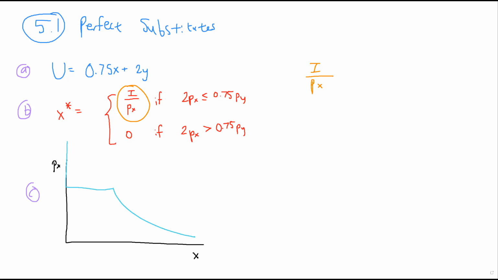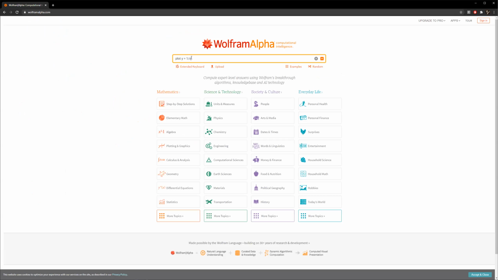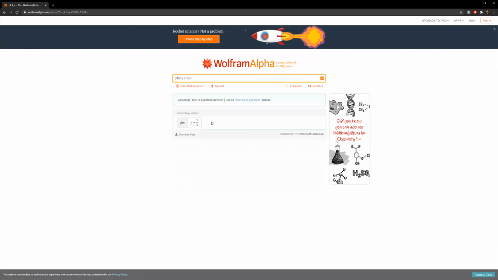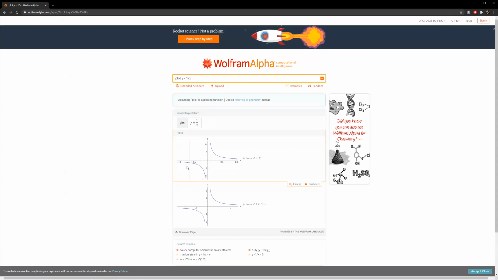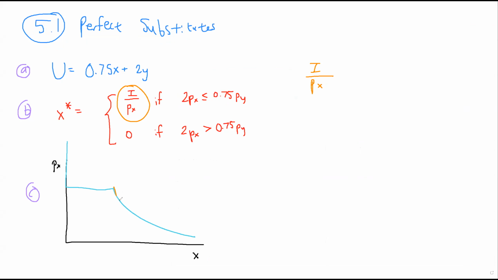Plot y equals 1 over x. What I want to show you is this graph real quick. Y equals 1 over x. What does this look like? We're going to ignore the lower left corner because we're in economics, and so there's no such thing as a negative value for x or y. So we get this kind of curve shape. And sure enough, that is exactly what I have here.